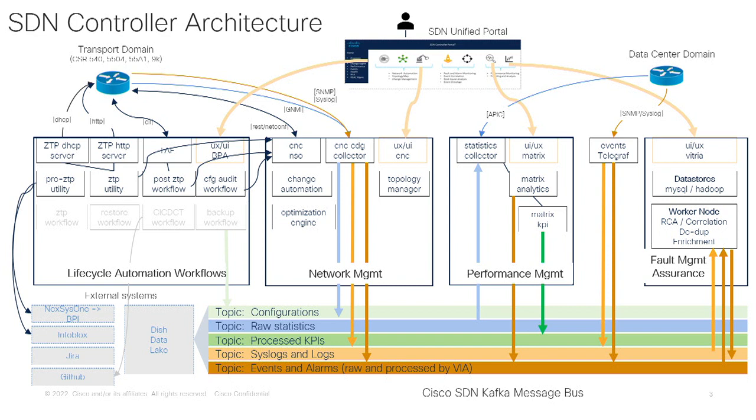From this architecture, you can see it is divided into four groups. Lifecycle automation workflow covers zero-touch provisioning, zero-touch onboarding, and in addition to that, it also takes care of network device lifecycle automation, including config audit and configuration backup workflow with image upgrade testing.